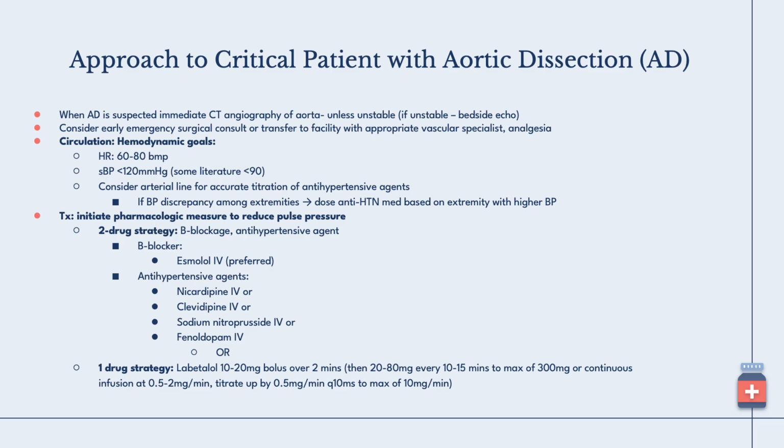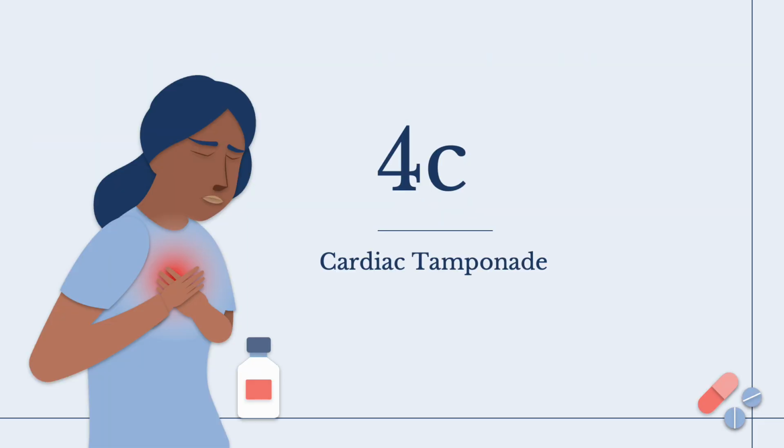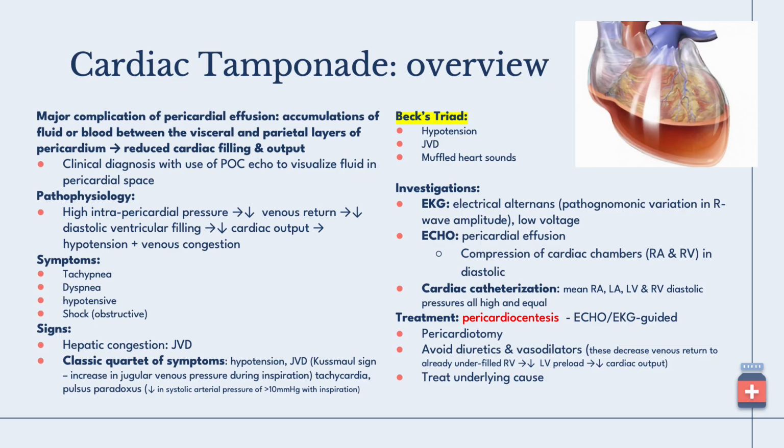Okay, so next we'll talk about cardiac tamponade. We remember it's a major complication of a pericardial effusion, which is basically accumulation of fluid or blood within the layers of the pericardium, and that leads to decreased cardiac filling and cardiac output.